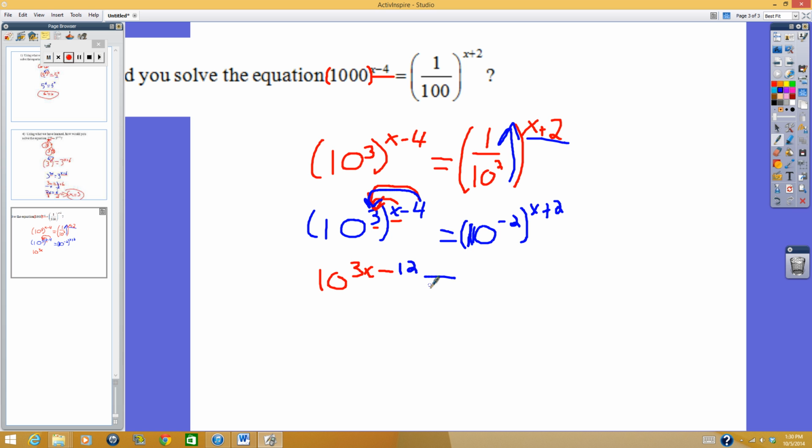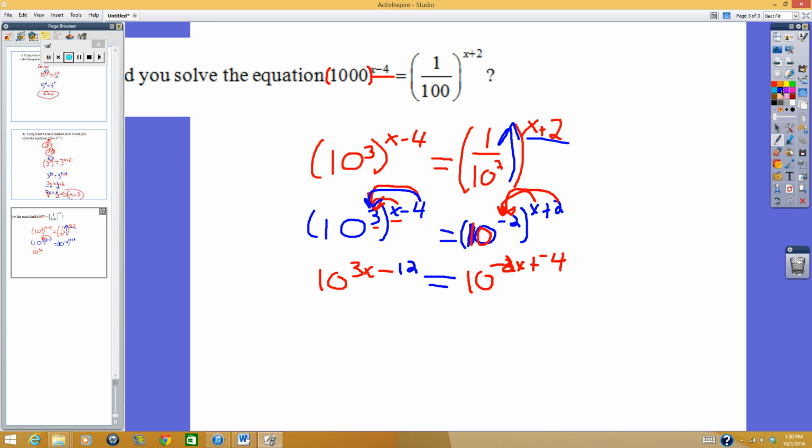Alright? Equals, now, sorry, I know this is a little sloppy. X times negative 2, I'm going to keep that base at 10, equals negative 2x. Negative 2x plus 2 times negative 2 is negative 4.